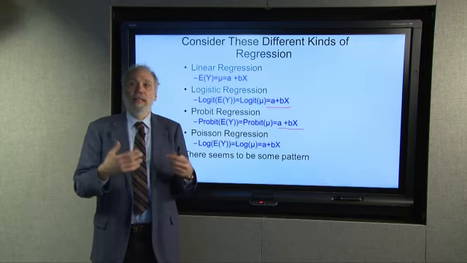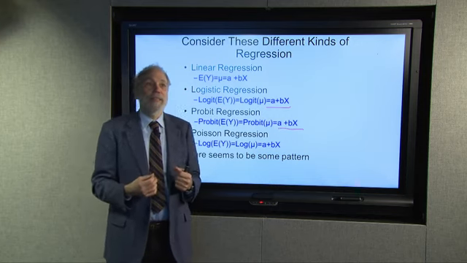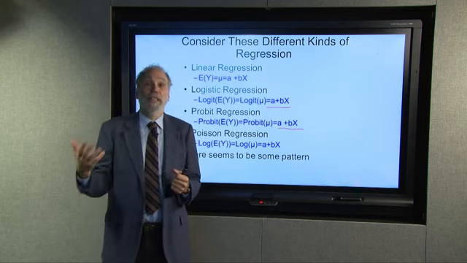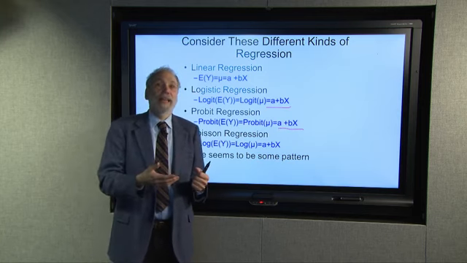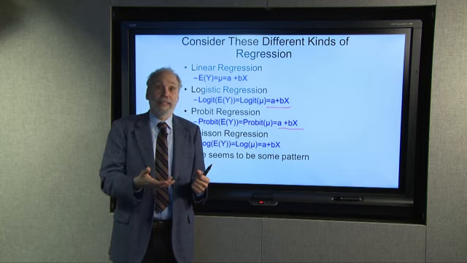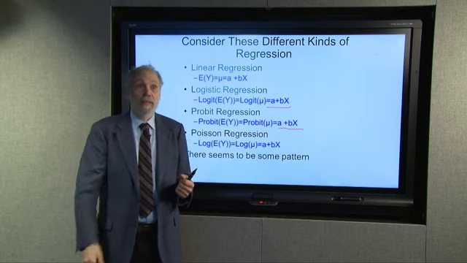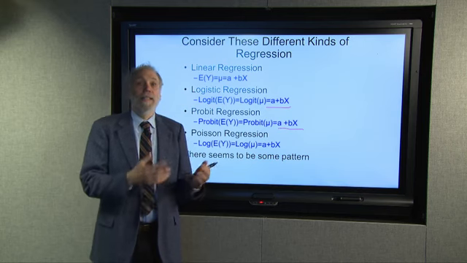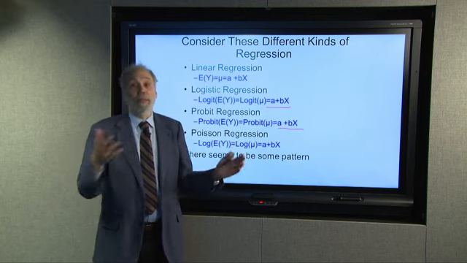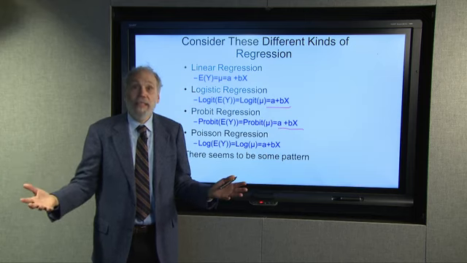Or suppose I am following these people with emphysema over time, and I am looking at how often they have serious exacerbations of their condition that require medical treatment. Well, that's a count. Some people didn't have any. In the follow-up period, some people had 1, some people had 2, some people had 3.